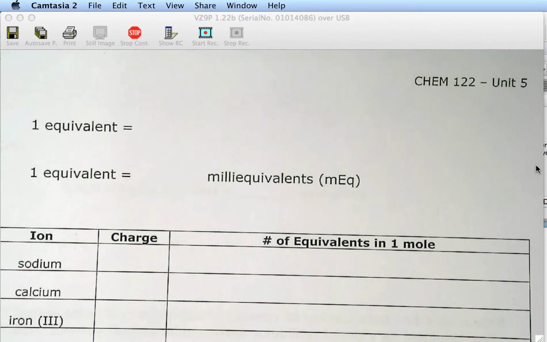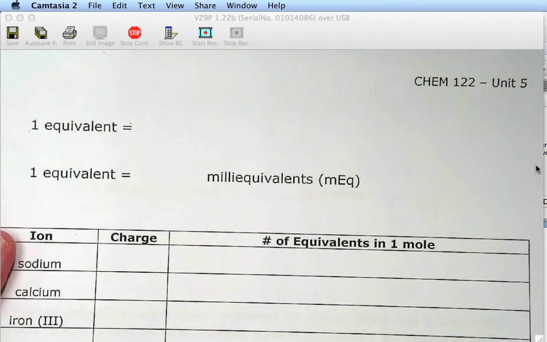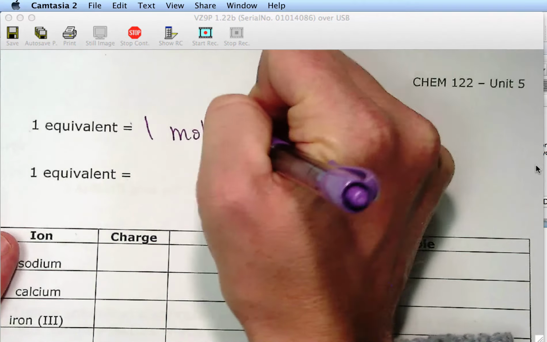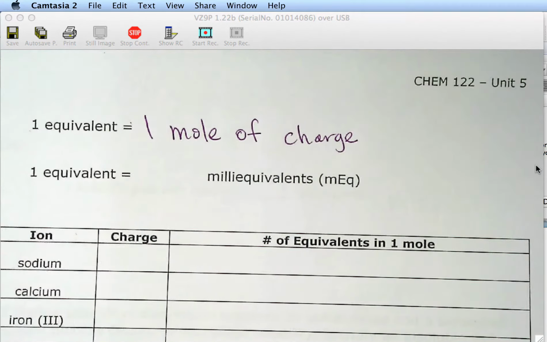So depending on what ion you're working with, you might have a different charge to mole ratio. So we'll learn about that. So one equivalent is 1 mole of charge.